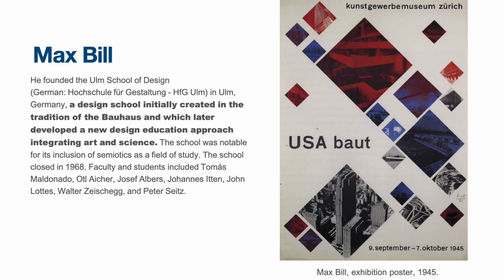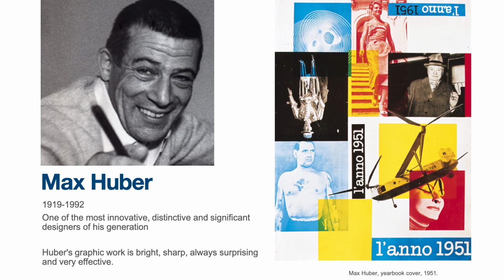Talk about it. So Max Huber, his photo resembles his work. His graphic work is considered bright, sharp, always surprising, very effective. He had this knack for combining painting and photography with other graphic media, and he remained avant-garde throughout his career, and he brought this utopian vision of such legends as Herbert Bayer to bear on corporate typography and brand design.